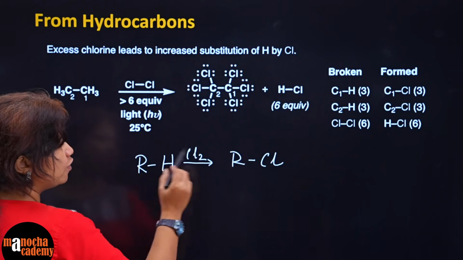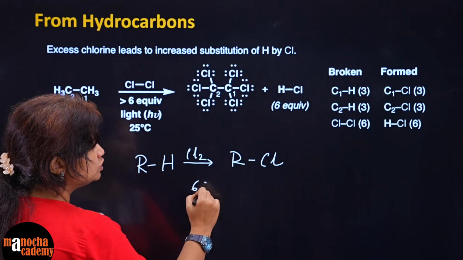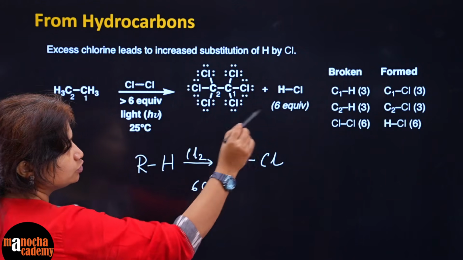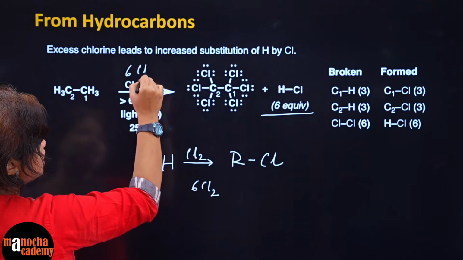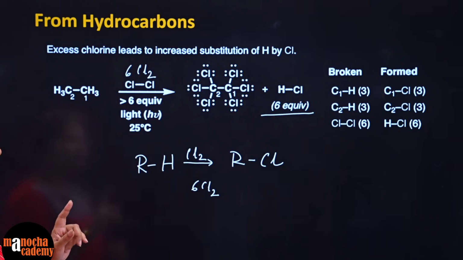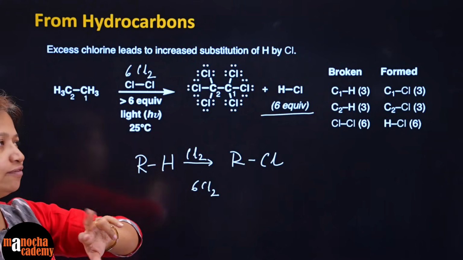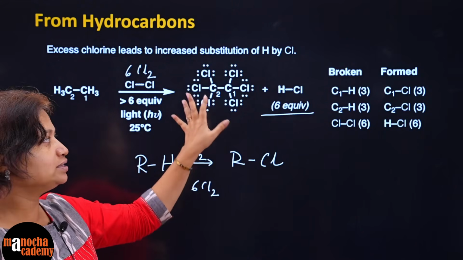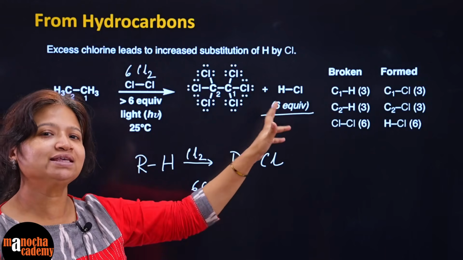For 6 Cls you need 6 moles of Cl2, simple as that. So you need 6 equivalents. Why? Because actually you have 12 chlorine, right? Of the 12, 6 are combining to form this and the 6 are forming HCl. So accordingly you need 6 Cl2.